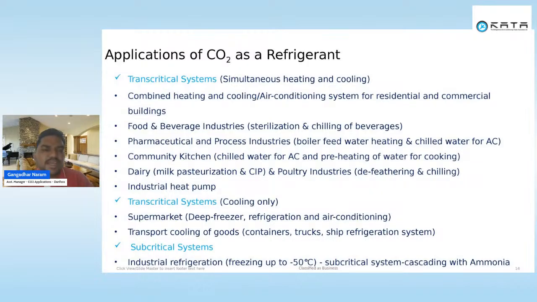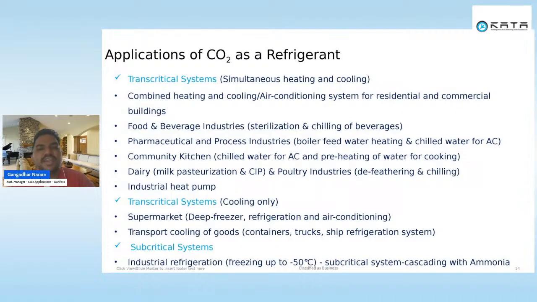So where are we actually seeing the application of CO2 as a refrigerant? First of all, as we discussed, if there is combined heating and cooling, for example, if I need hot water at 90 degrees centigrade and at the same time I require chilled water at 7 degrees centigrade, then CO2 can deliver with these operating conditions.